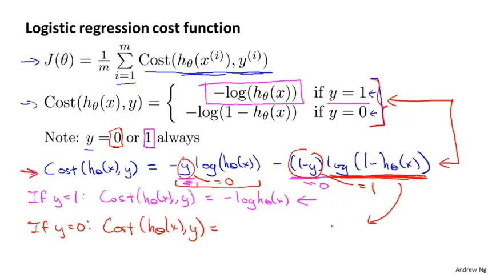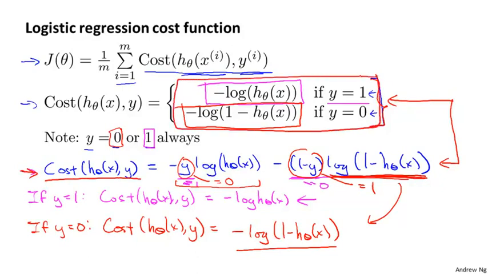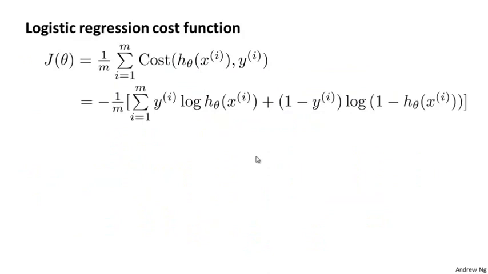We're just left with minus log(1 minus h(x)). You can verify that this is exactly what we had for when y is equal to 0. So this shows that this definition for the cost is just a more compact way of taking both of these expressions, the cases y equals 1 and y equals 0, and writing them in a more convenient form with just one line.